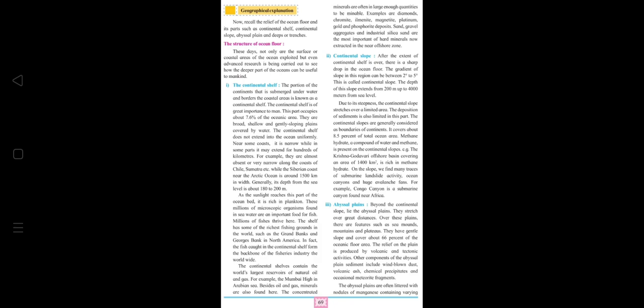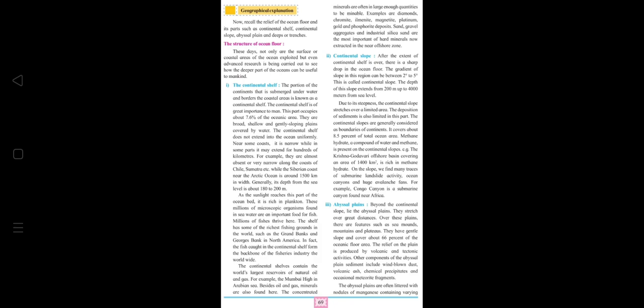Over these plains there are features such as seamounts, mountains and plateaus. So each of these ocean floors has its own characteristics, identification and importance. They have gentle slope and cover about 66% of the oceanic floor area.